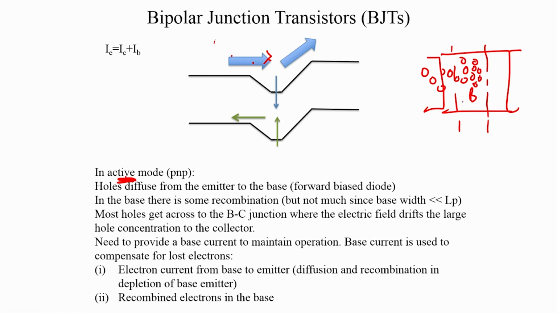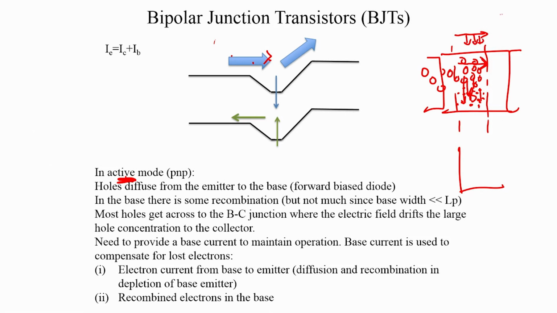Now, this base has an excess number of electrons. Electrons are the majority carriers in the base and the holes are the minority carriers. So this excess hole population is going to start recombining with the electrons in the base, and they are also going to diffuse from the higher concentration to the lower concentration end. So they are diffusing, but they are also recombining.